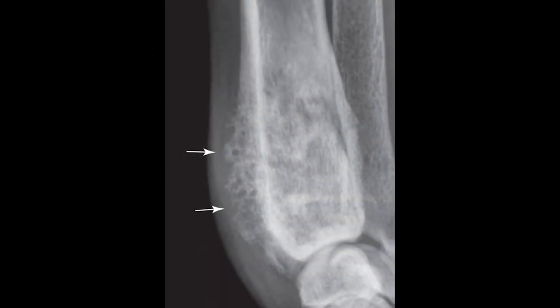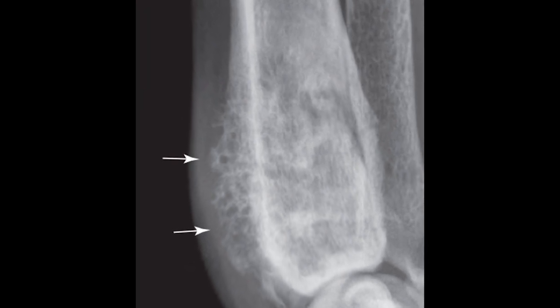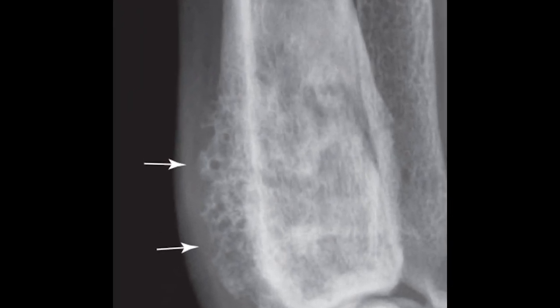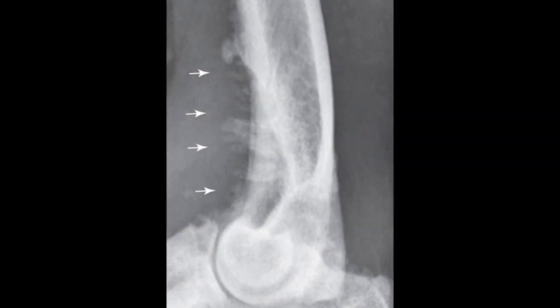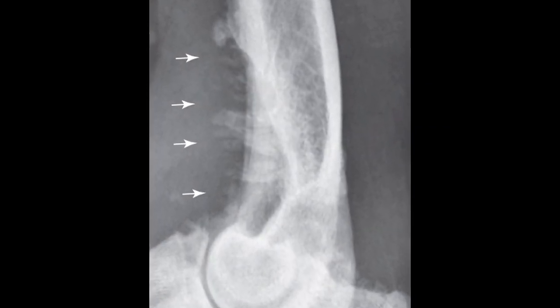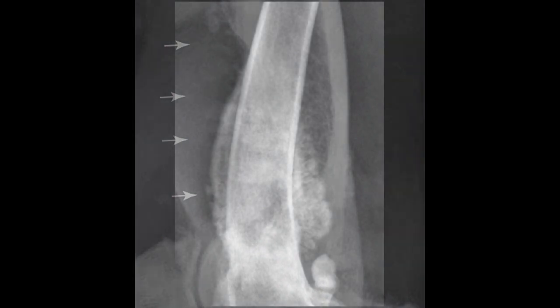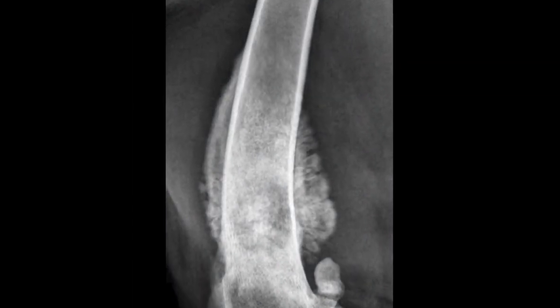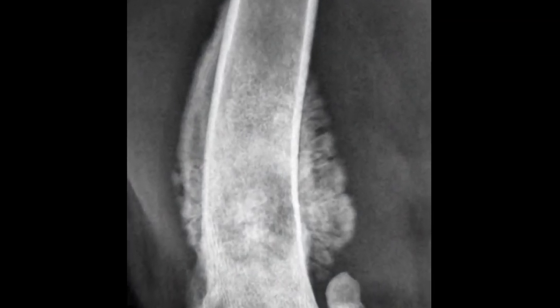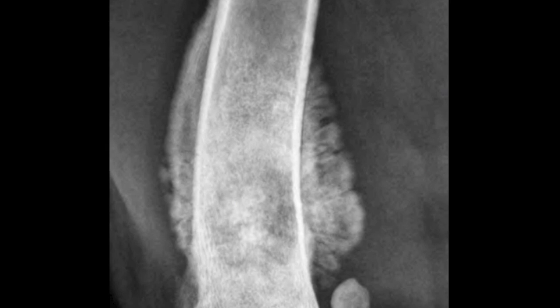Now, this is soap bubble periosteal reaction, and the next one is hair-like or spiculated periosteal reaction. Now in this bone you can see a single layered elevation, but on the other side the periosteum shows a sunburst-like periosteal reaction.